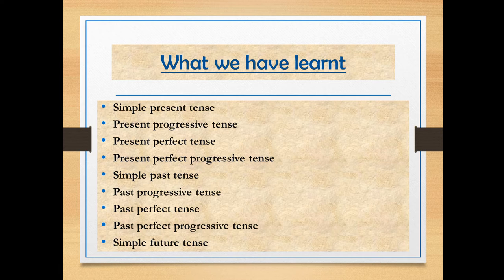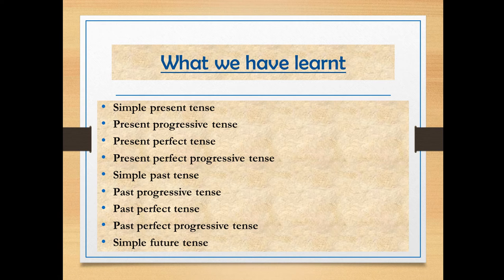After that, we learned the subparts of these tenses, that is simple present tense, present progressive tense, present perfect tense, present perfect progressive tense, simple past tense, past progressive tense, past perfect tense, and past perfect progressive tense.